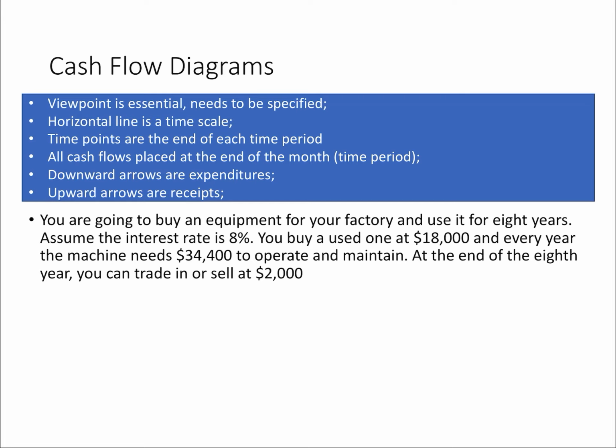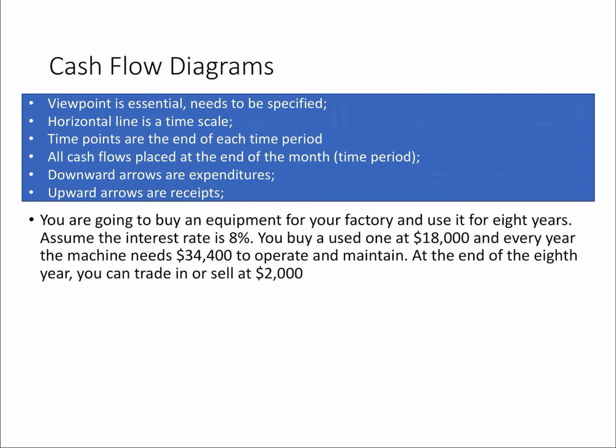In our problem statements, we always say you receive some money at the end of which period, or you spend some money at the end of what period. So all the cash flows will be drawn on the time spot. And because that time spot is the end of that period, all the cash flows will be placed at the end of that period.